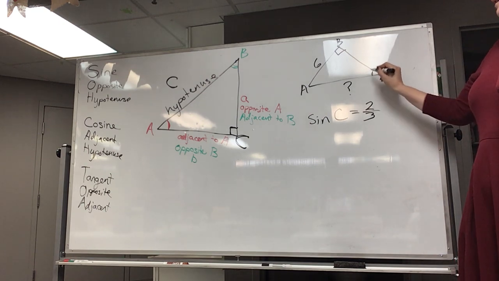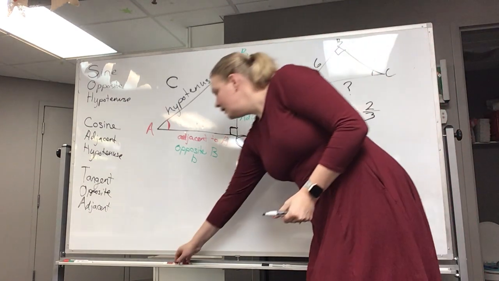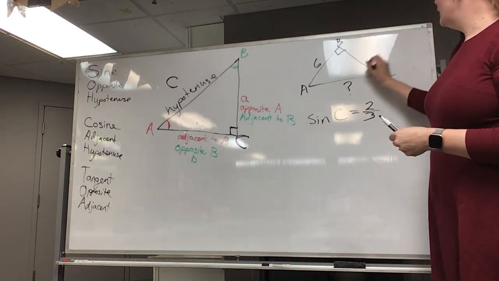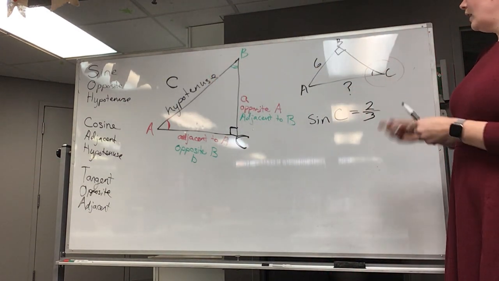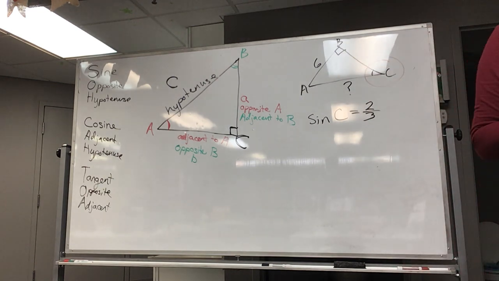Here's C. It'd be little c over... Alright, so we are interested in C. So looking at just this triangle, which one's the hypotenuse?